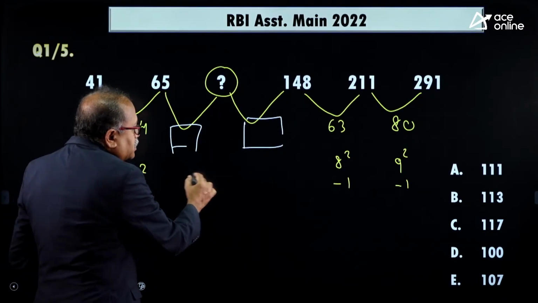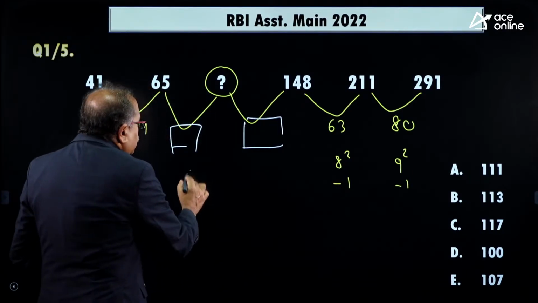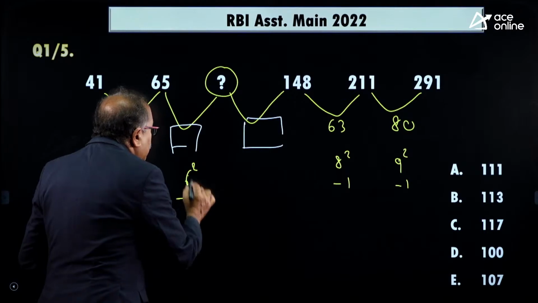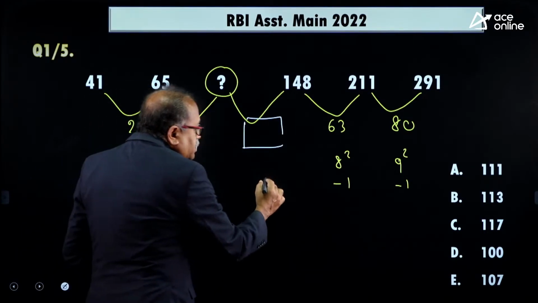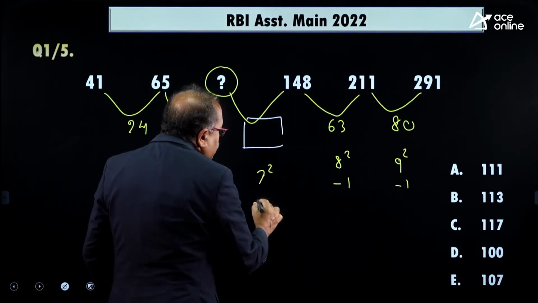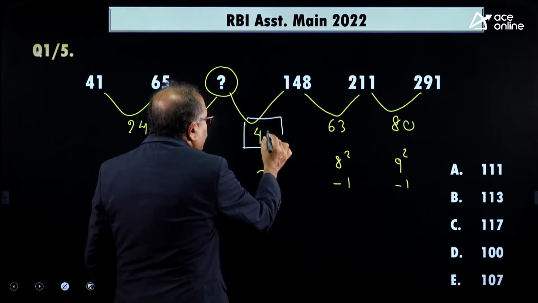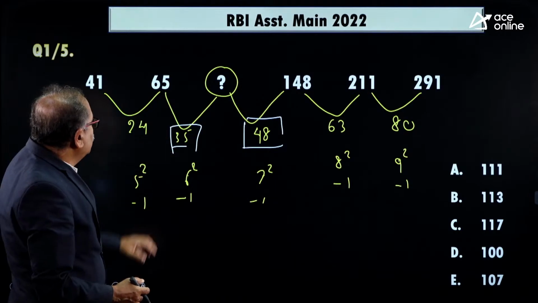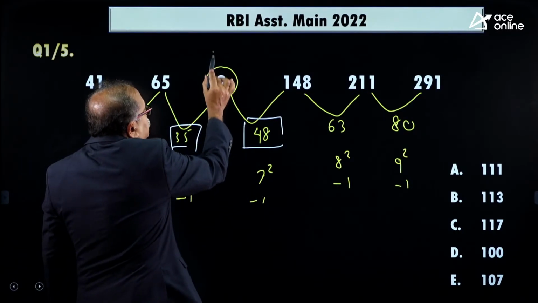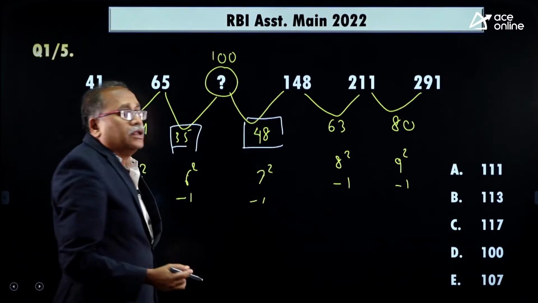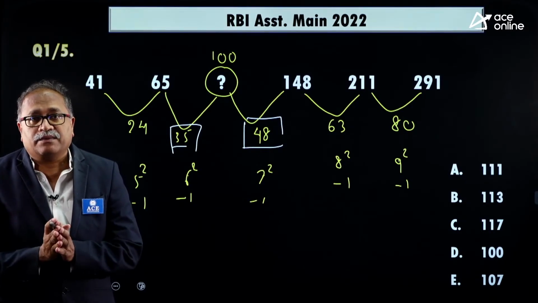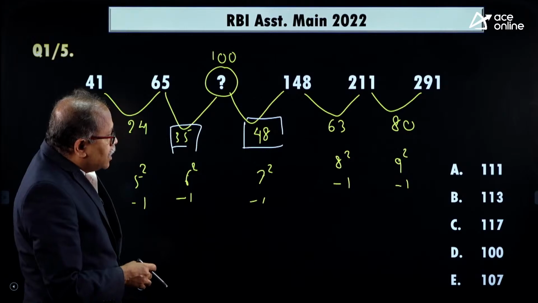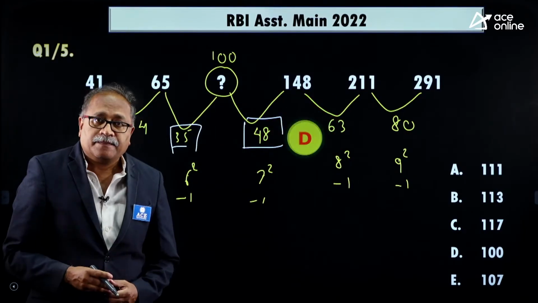So the missing ones could be 6 square minus 1, which is 35, and 7 square, that is 49 minus 1, which is 48. Let us check by adding the numbers. When I add this one, I get 100, and over 100 if I add another 48, I will get the next number. Therefore my answer is 100, option D.